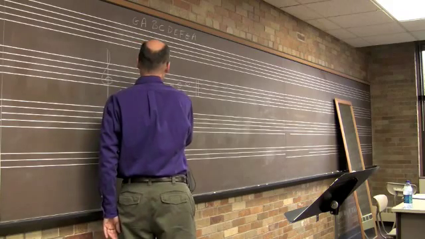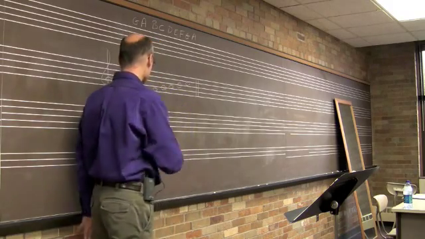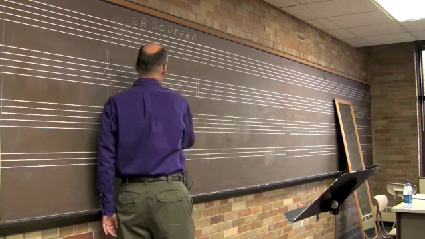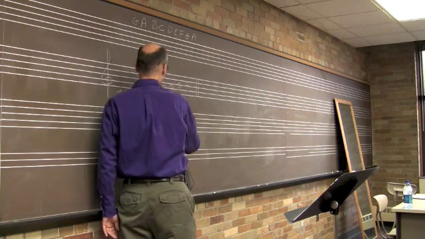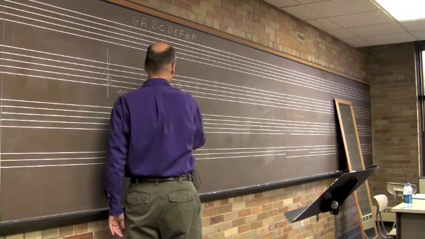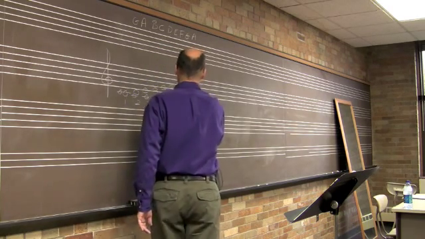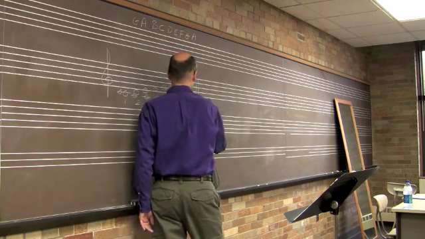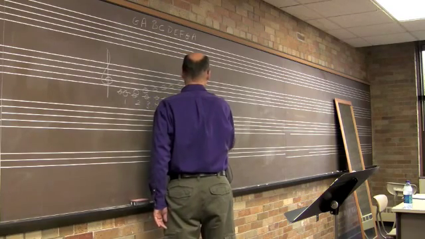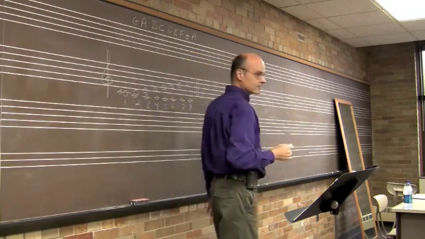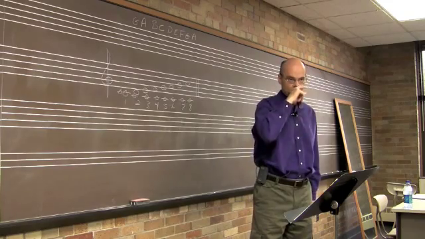C to E is a third. C to F is a fourth. C to G, fifth. C to A, sixth. C to B, seventh. C to C. Pretty easy, isn't it? Everybody see that?